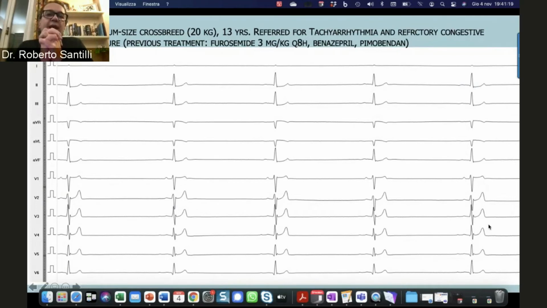Remember that when you have a dog in class D, the amount of sodium retention, volume overload, and increase of plasma volume is so important that you really need high doses of Izemid or furosemide together, or Izemid alone, to control it. So we have no choice.